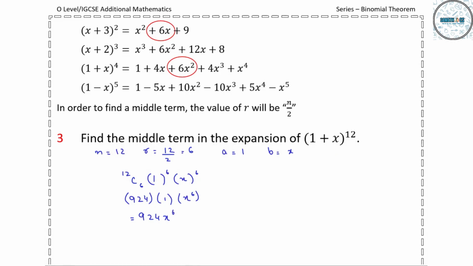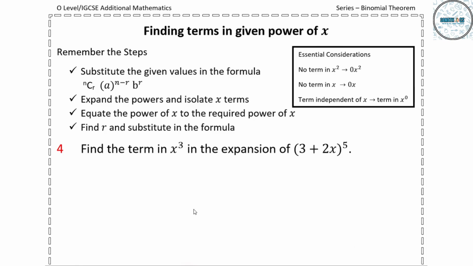Now we'll do how to find the term in the given power of x. We have to remember these steps. Substitute the given values in the formula, expand the powers and isolate x terms, equate the power of x to the required power of x, and find r and substitute in the formula.